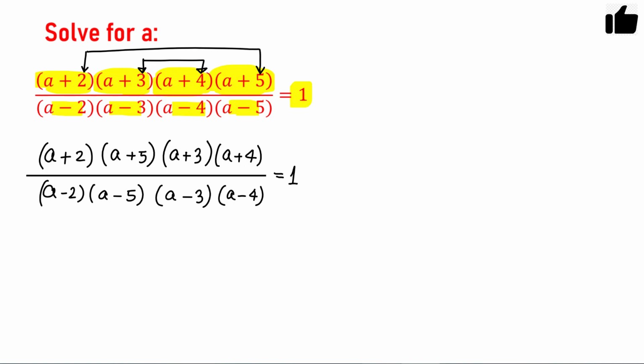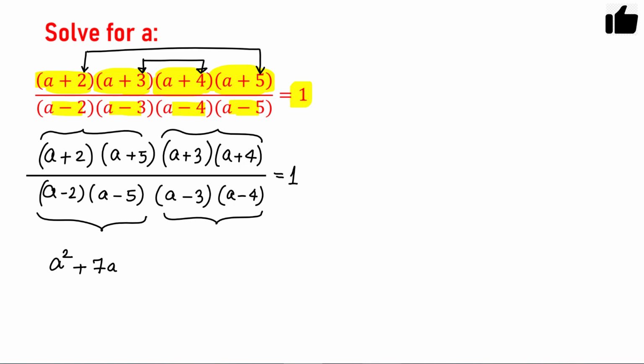Now let us multiply these terms. We will multiply these two terms, similarly these two terms and these two terms. If you multiply, you will have a square plus 7a plus 10 for this term.